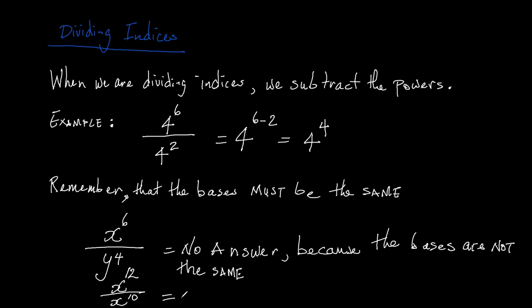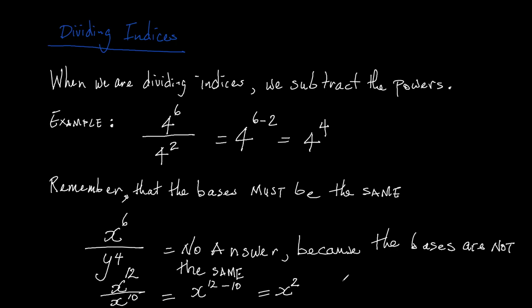Josiah. All right, very good, Josiah. So it will be X to the 12 minus 10, because I can do it since the bases are the same. Remember, the X's represent the bases, the 12 and 10 represent the powers.